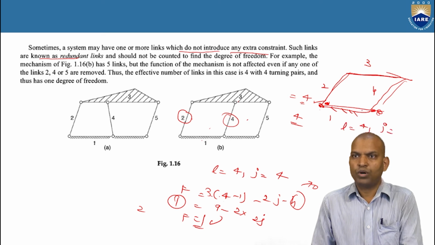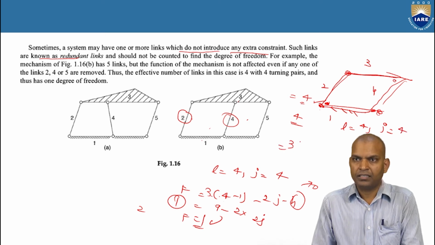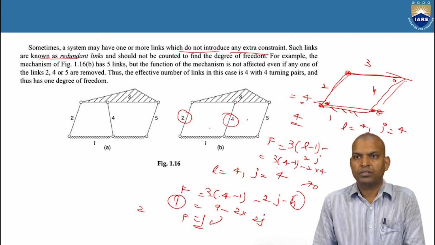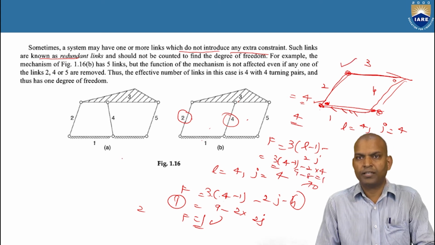Number of joints 1, 2, 3, 4. Substitute in the formula of Grubler's criterion, 3 into L minus 1 minus 2j. That is 3 times L, which is 4, minus 1, minus 2 into 4. That is 3 into 3, 9, minus 8, that equals 1. The degrees of freedom of the 4-bar mechanism is 1.